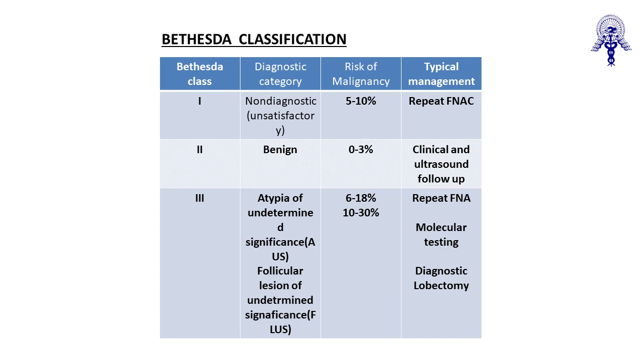But the most tricky is Bethesda 3, because in Bethesda 3 the malignant features are not there. There is atypia of undetermined significance or follicular lesion of undetermined significance, but they carry quite a high rate of malignancy. So in these cases it is really a conjecture, and what is recommended is either a repeat FNA, and even a repeat FNA may not be very guiding. So then molecular testing.